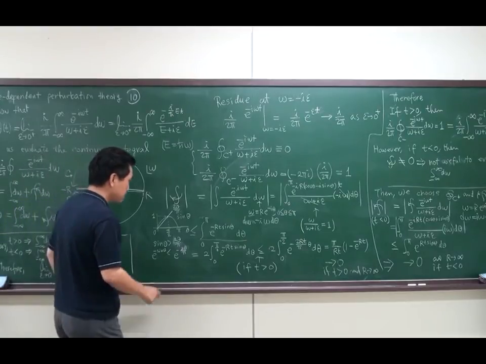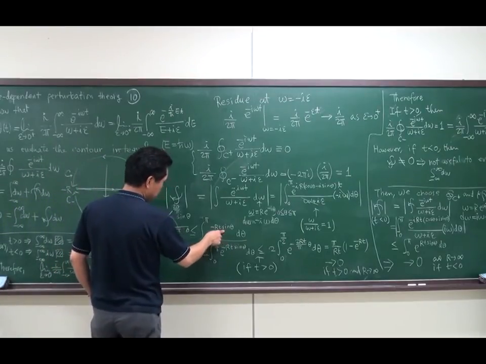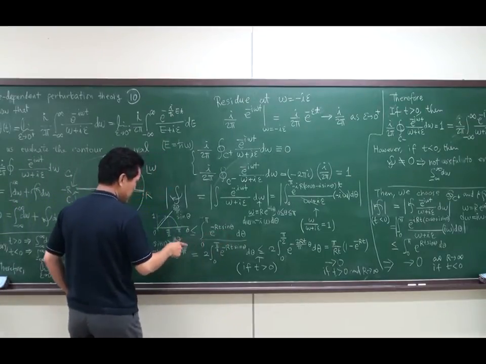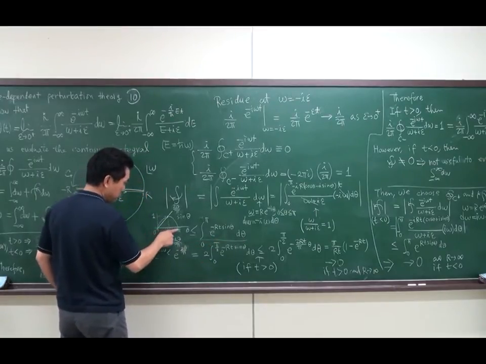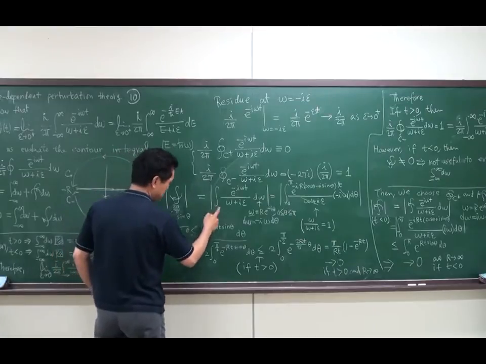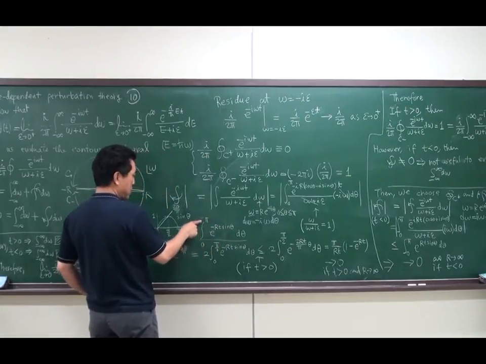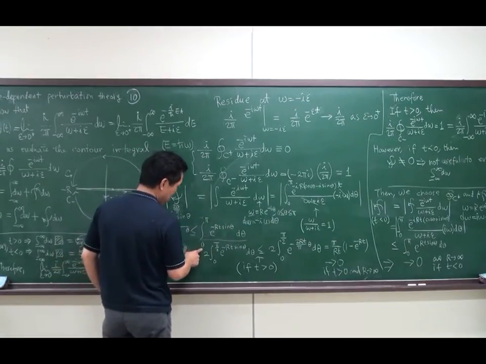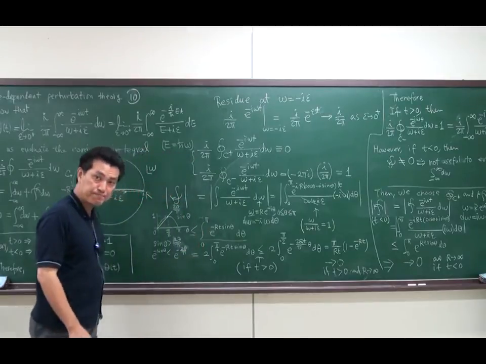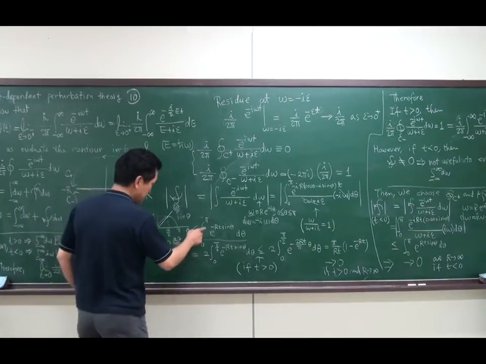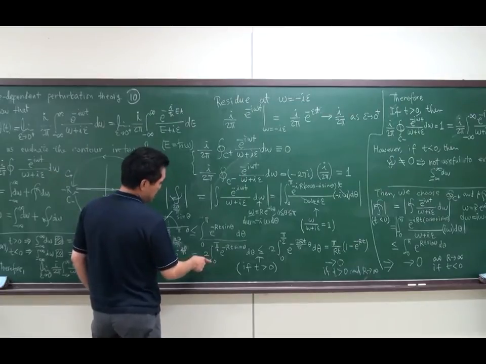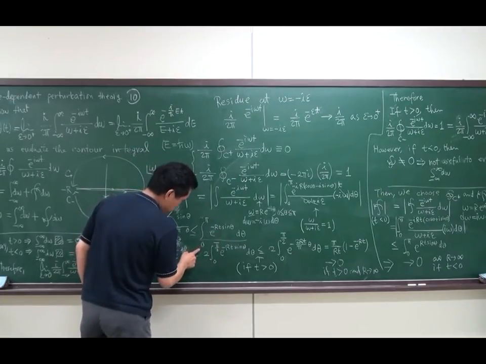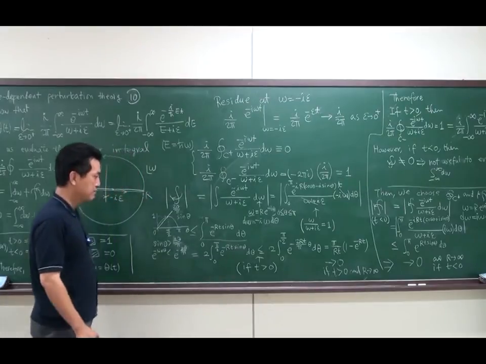And again, this is a sine function, and the integral over theta runs from 0 to pi. This is symmetric from 0 to 1/2 pi and from 1/2 pi to pi, so it is exactly the same as double the same integral from 0 to 1/2 pi.